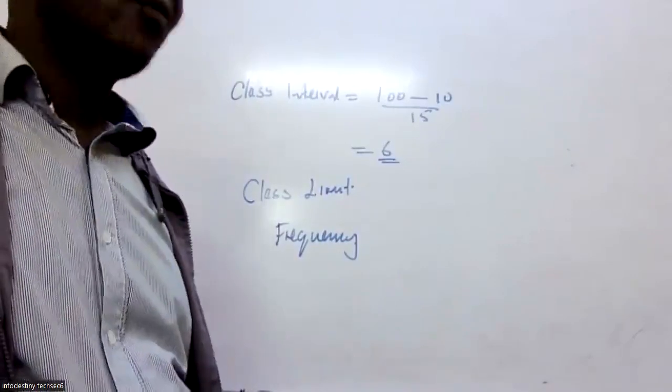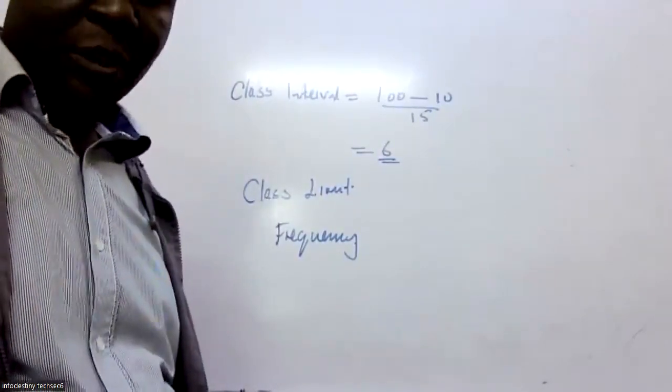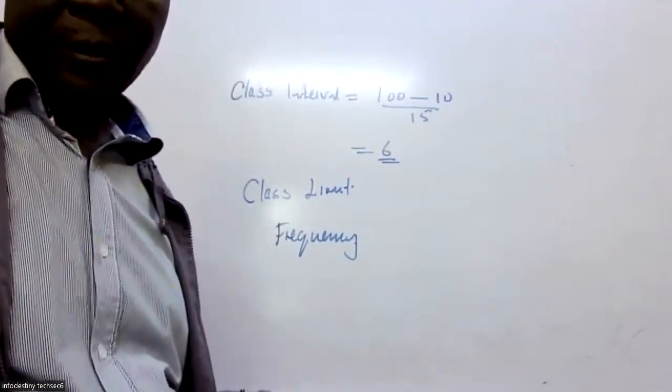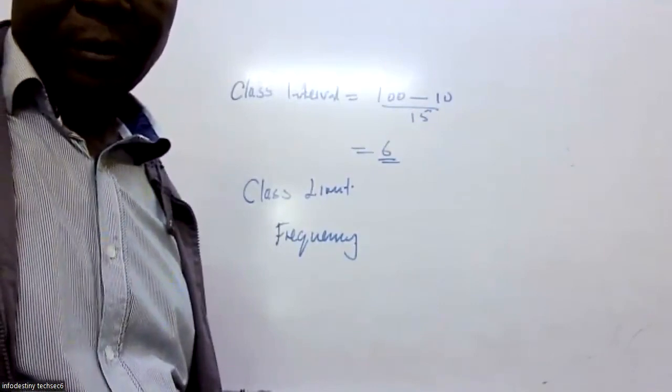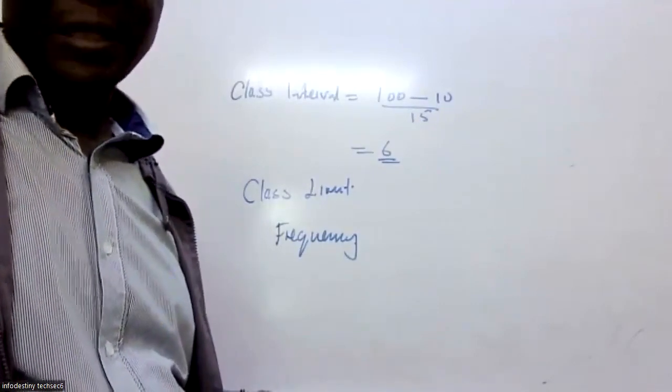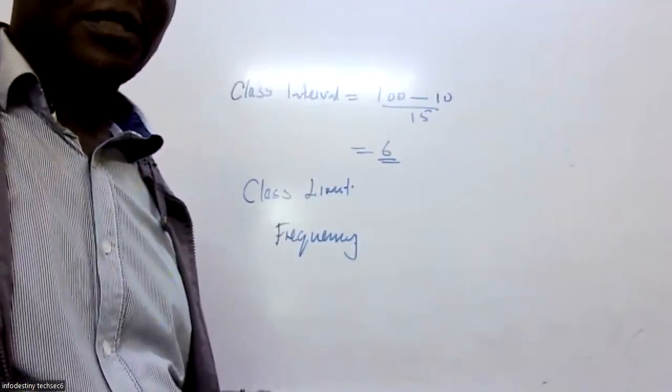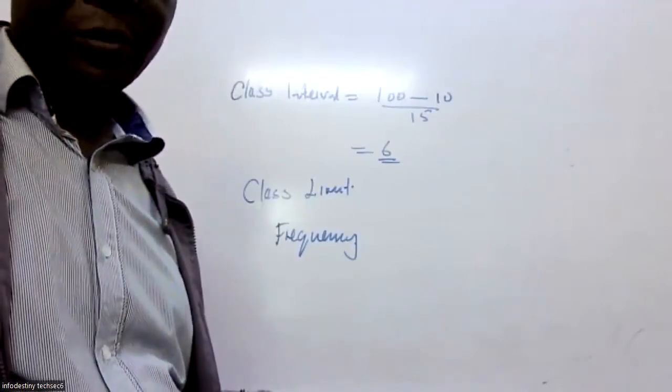To determine the frequency of the groups, the tallying sheet method can be used.